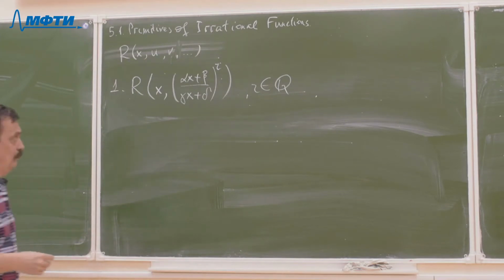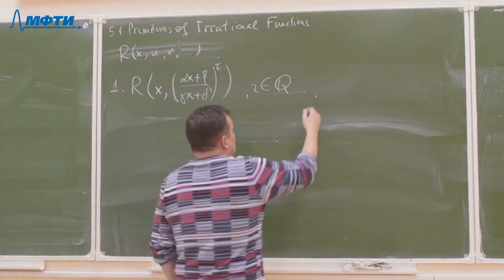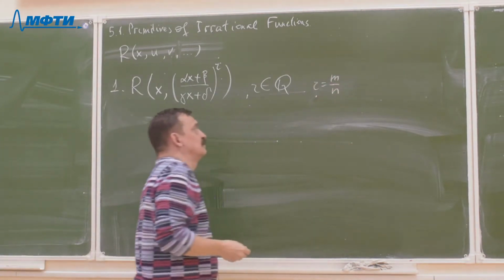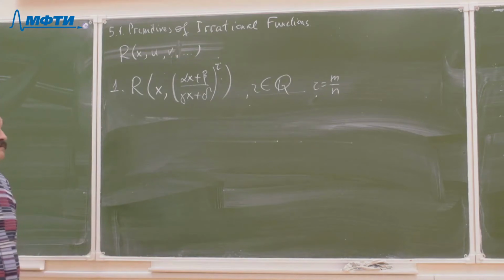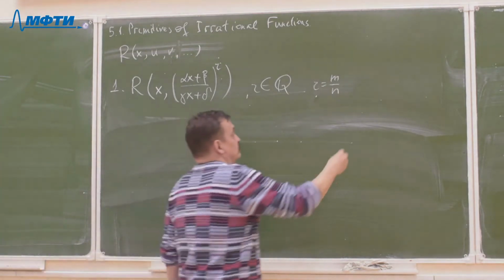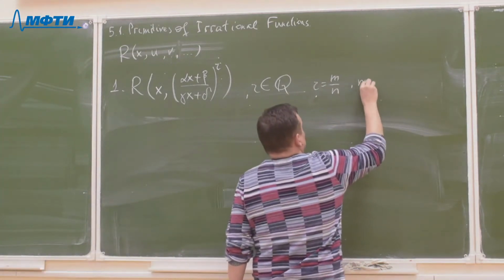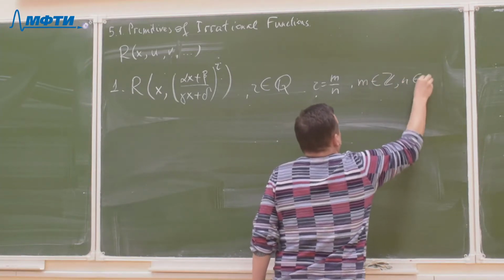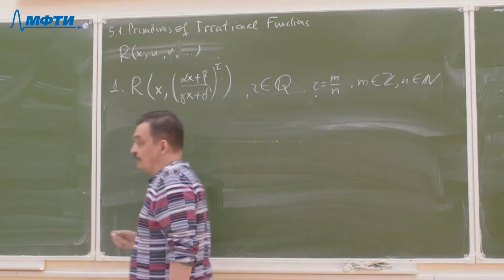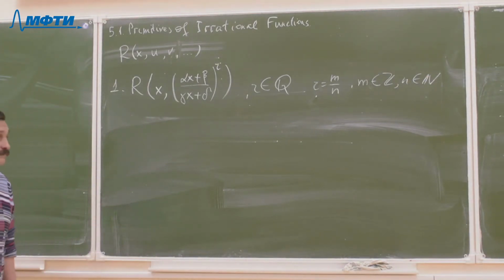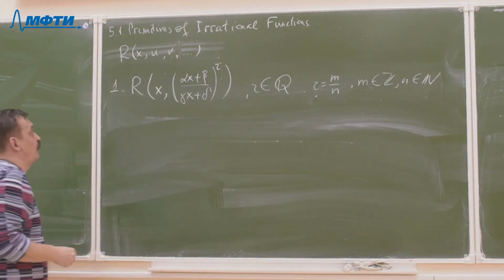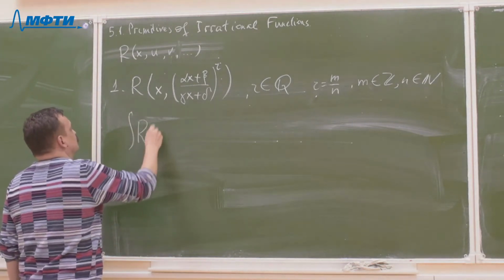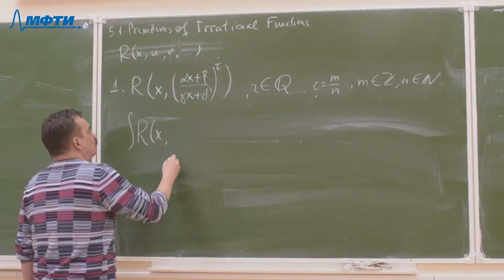If r can be represented as a ratio of an integer and a natural number, then we can find a primitive, we can find the indefinite integral of that form.